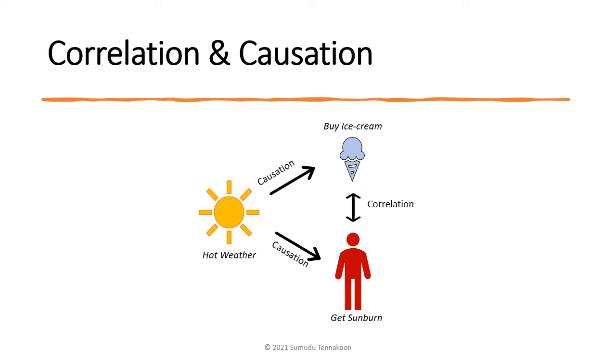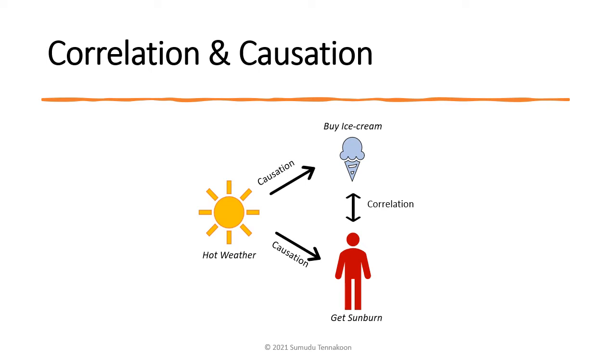That could be a causation, because in the hot weather people want to get cooler, so they buy ice cream. The hot weather can also create some problems, like people can get sunburn when exposed to hot weather or sun.